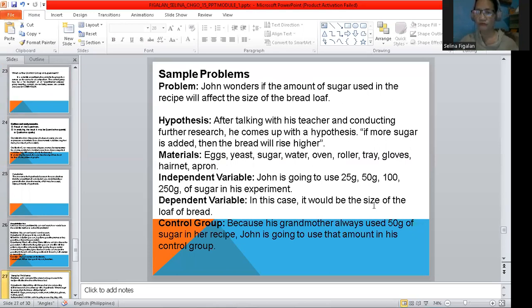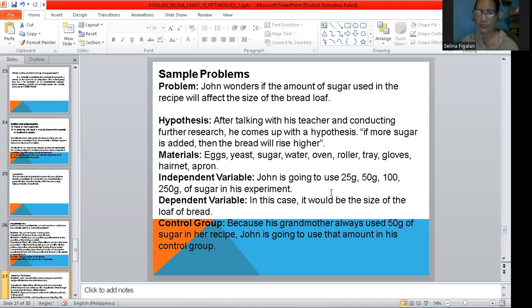Kasi i-prove niya kung talaga ba ang sugar ay nakakapagpaalsa, mas maraming sugar ang ilalagay niya, mas lalaki ang tinapay. Kaya ang varies ang kanyang ginamit na sugar level, amount of sugar. So 25 grams, 50 grams, 100 grams, 250 grams. So ito yung inyong independent variable.